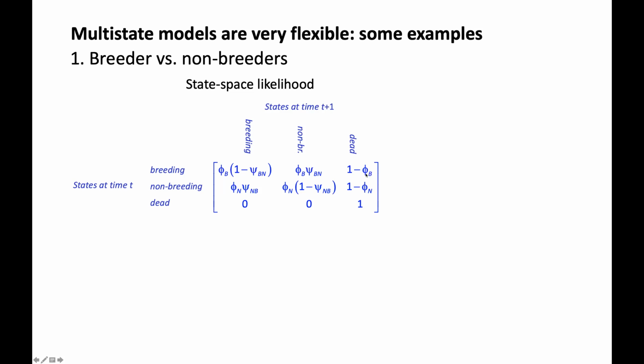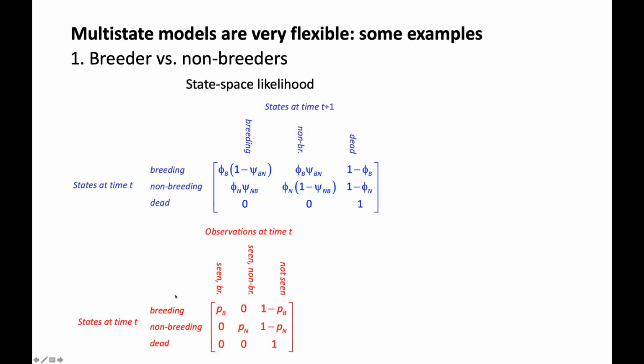And the sum of these 3 probabilities on this row is 1. Same reasoning: if you were non-breeding at time t, then you have some probabilities to move to the state breeding at time t+1, stay in the same state, or die. And if you're dead, you remain dead with probability 1.